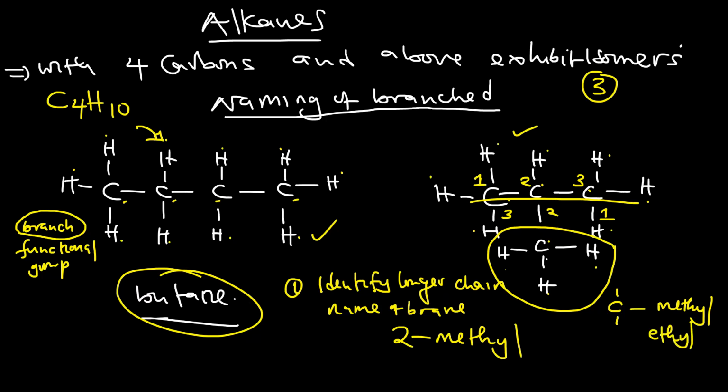So in other words, from the prefix, we just add YL. If it has 3 carbon, it was going to be a propyl. If it had 4, it was going to be a butyl, just a branch. So in this case, the branch is a what? Is the methyl.